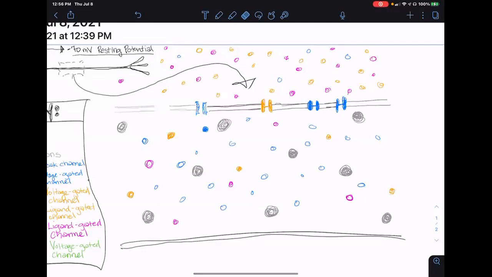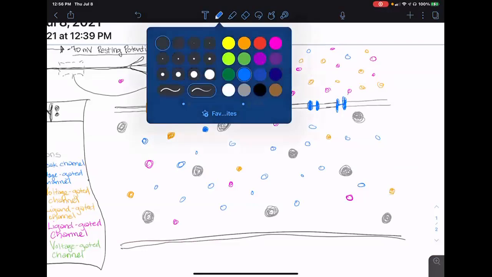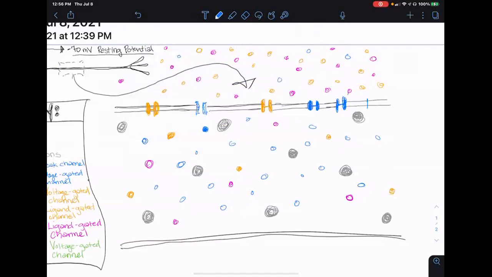This is our sodium. I want to put one more on here to balance out the sodium voltage gated channels and the potassium voltage gated channels. Oh man, now I feel like there's not enough leak channels. Let's just draw one more leak channel in here, just so I can feel like there's a nice balance between all of our channels, right?